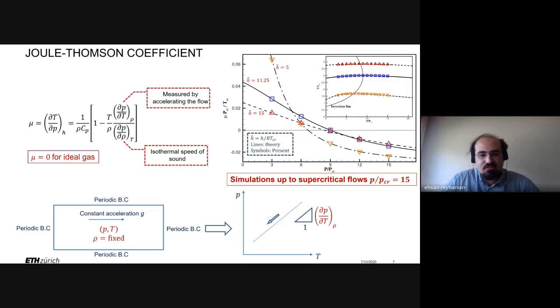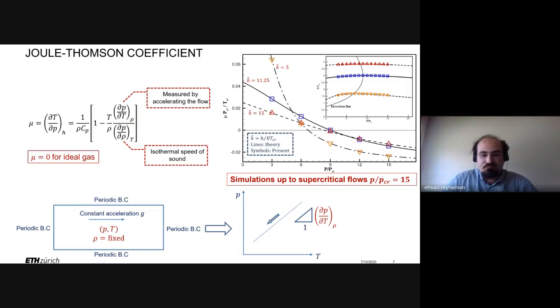Now, in this simulation, we aim at measuring the value of this parameter at different supercritical states and constructing the isenthalpic lines in a PT diagram. In order to do that, we measure two quantities that appear in the definition of the Joule-Thomson coefficient. First, it is the isothermal speed of sound, which we have already covered, and the other one is the variation of pressure with temperature at fixed density.